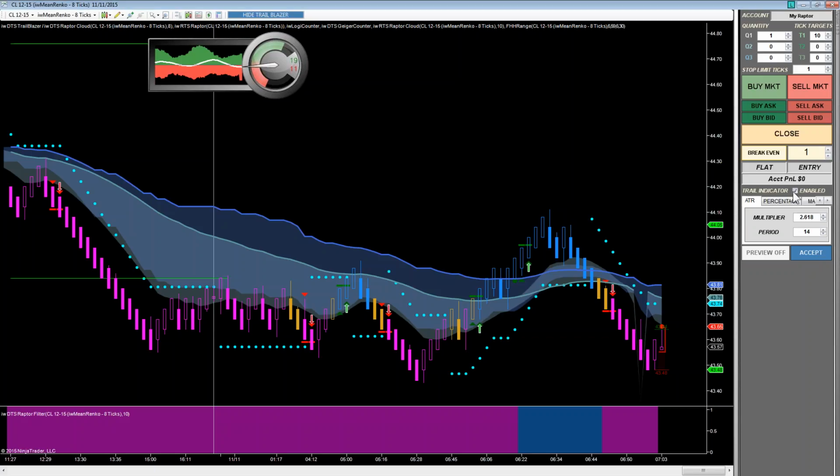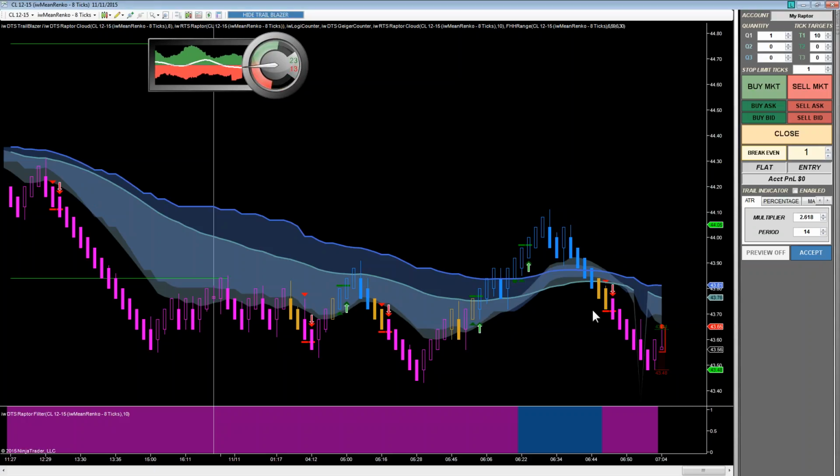Here on the Raptor, we're just looking a little bit. Here was a hard edge bounce prior to this morning's open. Here was a soft edge buy, and it had a little follow through to it.